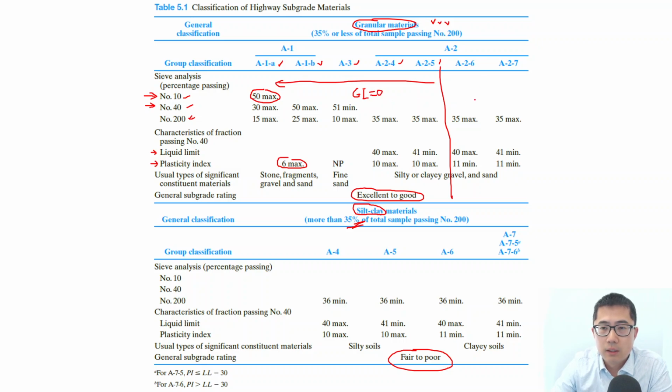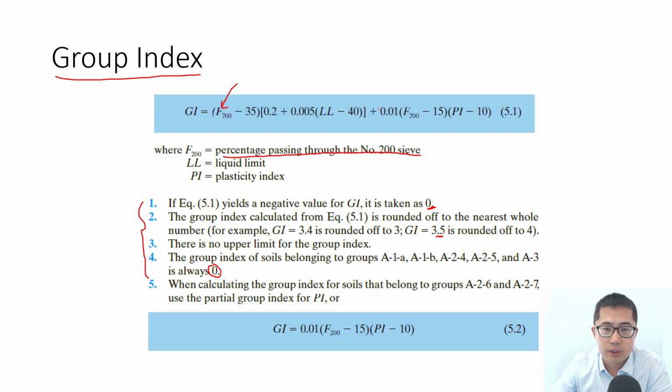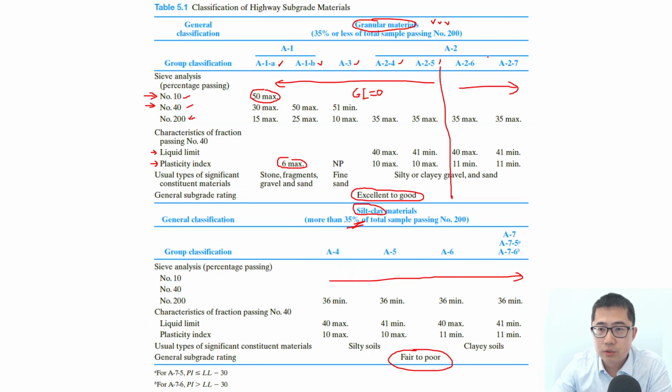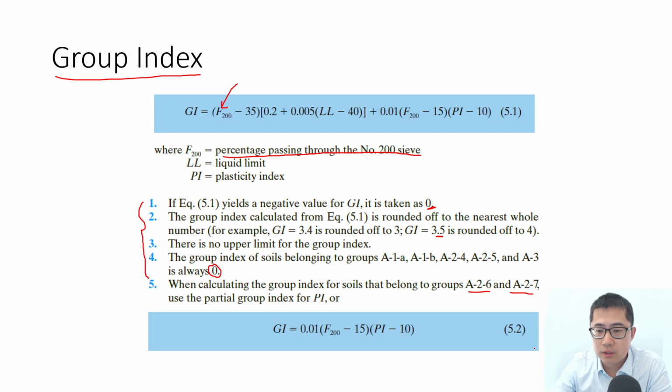That said, if you have A26, A27, all the way to A4, A5, A6, and a bunch of stuff over here, you're going to have a GI that is not 0, and you have to report that GI using this equation over here. And there's another one if you are doing A26 and A27. For those two up here, you can use this 5.2 equation. It's a little bit easier, but you're going to use this group index over here.